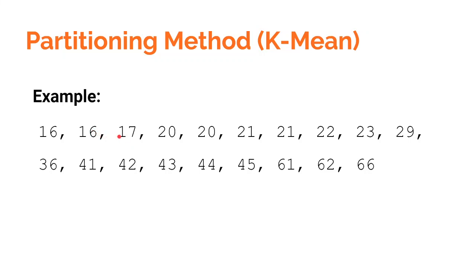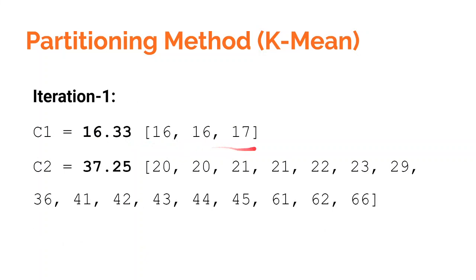That is 1. And if you subtract 17 from the second centroid value, 22, then the answer is 5. So 1 is less than 5. It means 17 and 16 have no such difference. However, 17 and 22 have more difference. So again I will put this 17 value in the first cluster.